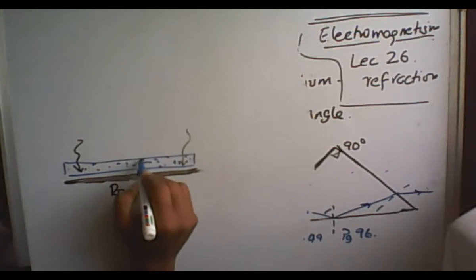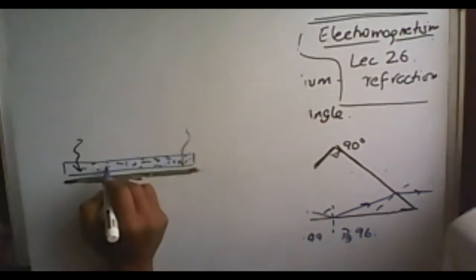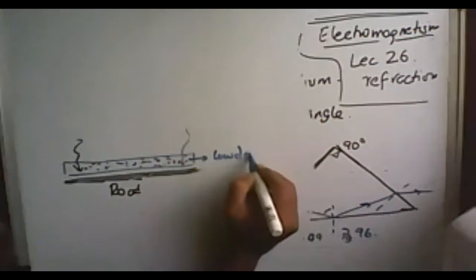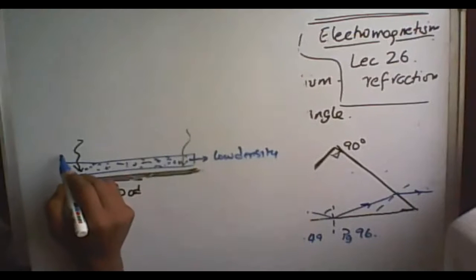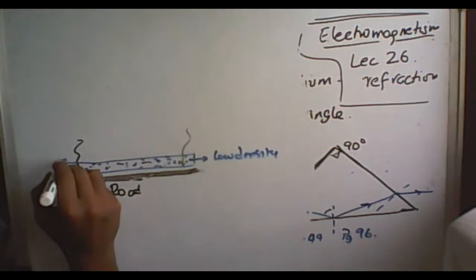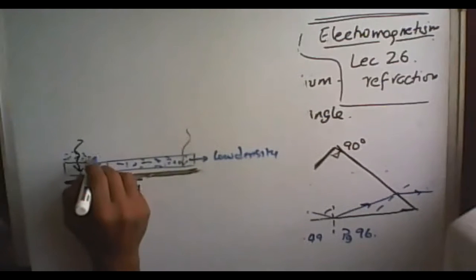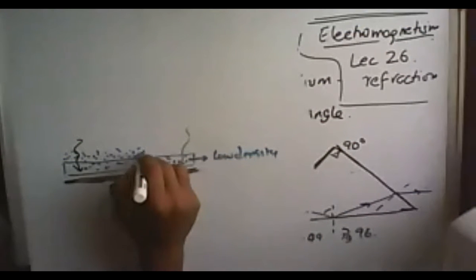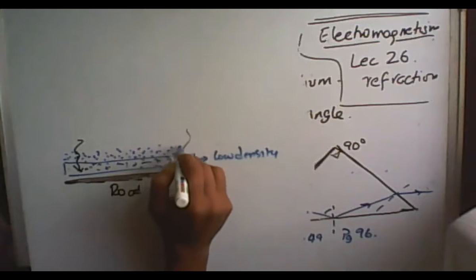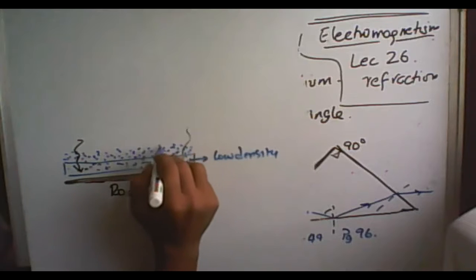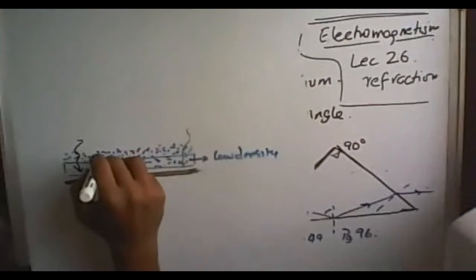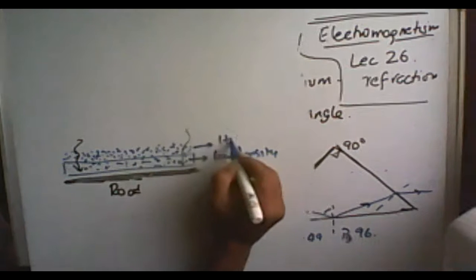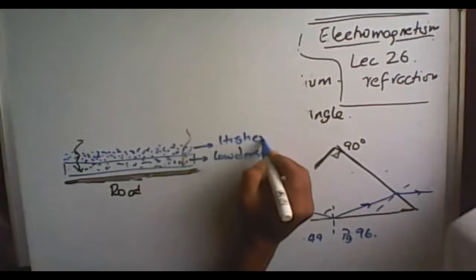So let's say there's a slab of air like that which gets hot. This is at low density compared to the air molecules above it, which are presumably at a higher density. So low density, and this is higher density.